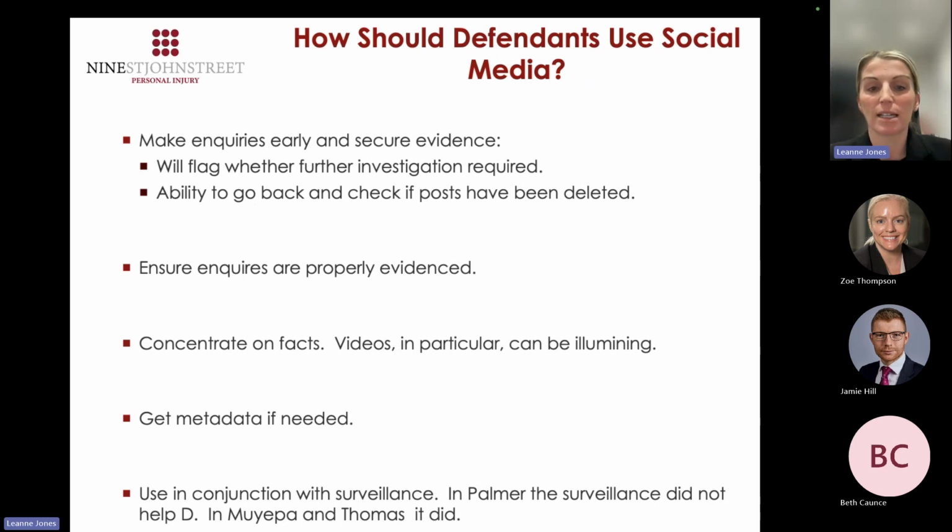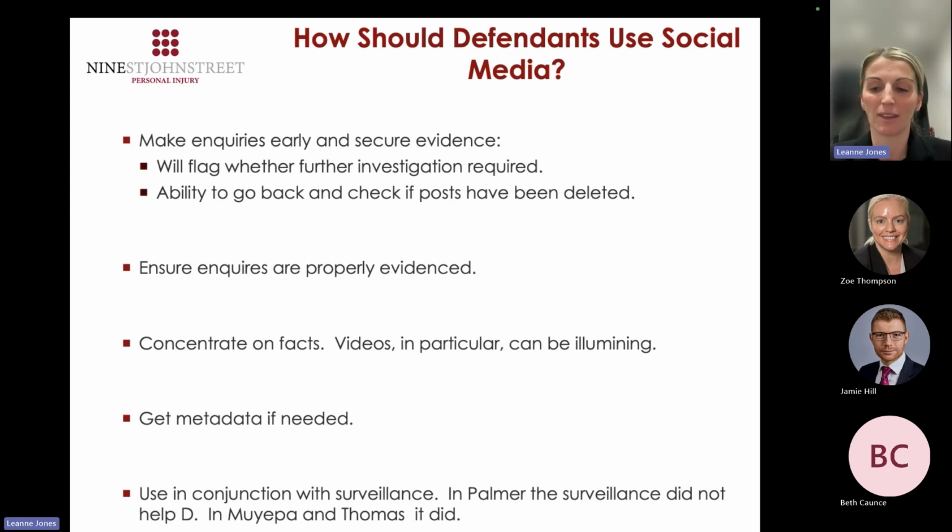The final point on this slide, used in conjunction with surveillance evidence, social media posts can be particularly successful. In Palmer, the surveillance didn't help the defendant, but we've seen from the other cases of Mwapa and Thomas that it did. And the surveillance goes hand in hand with the social media if it shows that they've made that positive assertion that they can't do something and they're clearly seen doing it.